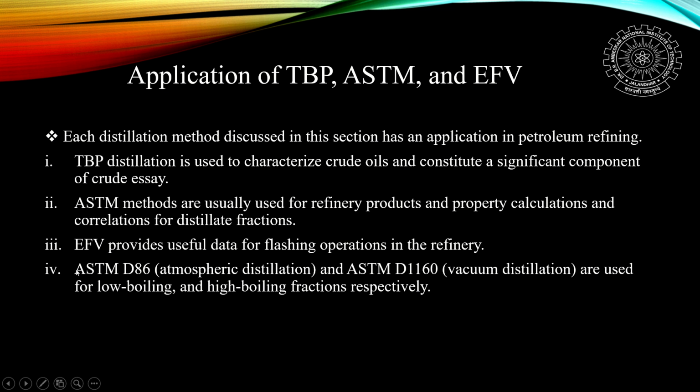The last one: the D86 ASTM method is used at atmospheric conditions, so it is also called atmospheric distillation, and ASTM D1160 is vacuum distillation. They are used for low boiling and high boiling fractions respectively.